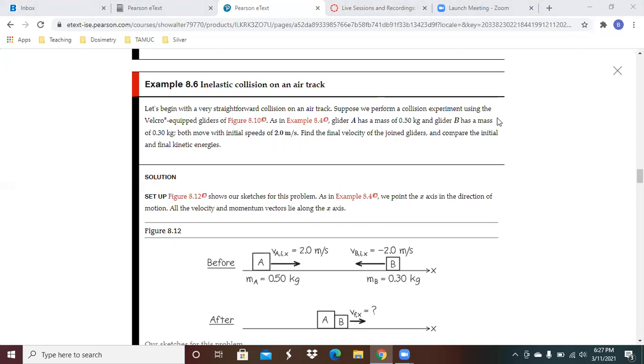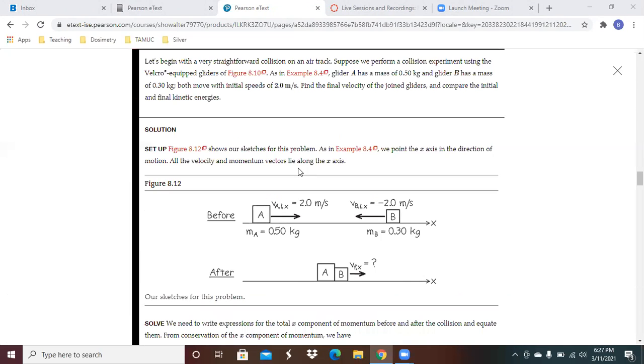We're going to perform the collision experiment using these Velcro-equipped gliders. Glider A is going to have a mass of 0.5 kilogram, and glider B is going to have a mass of 0.3 kilograms, and both move with initial speeds of 2 meters per second. Find the final velocity of the joined gliders and compare the initial and final kinetic energies.